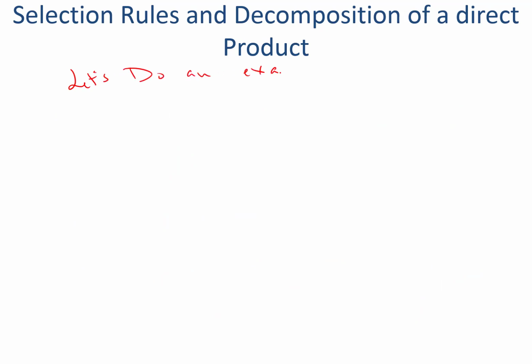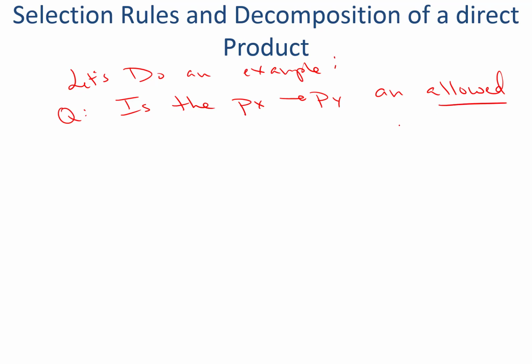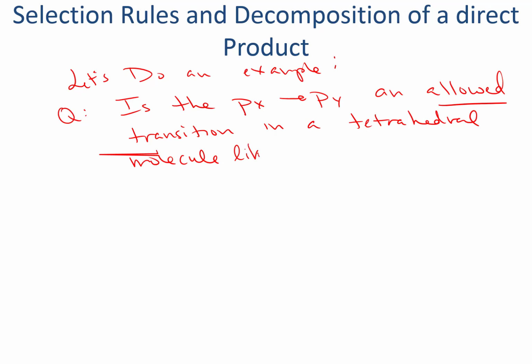Okay, let's do an example and go through the process. The question that we have is, is the px to py transition allowed in a tetrahedral molecule like CH4?